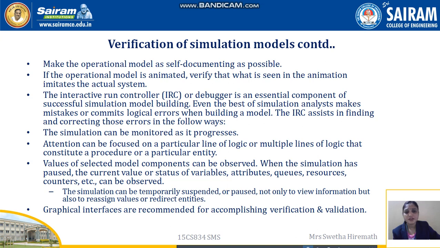That is, in the simulation model we have developed, if we give some inputs to that, whatever values we get at that particular point, we can also name it as the status of the system at that particular point. So we can observe the current value or status of the variables, attributes, queues, resources, and all these at some particular point of time.